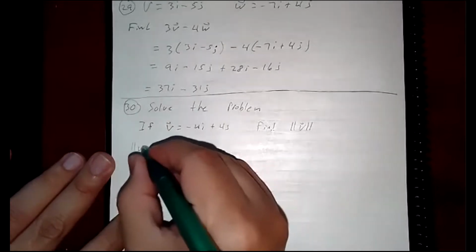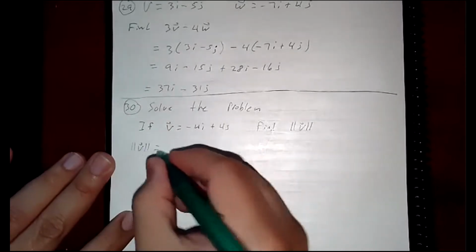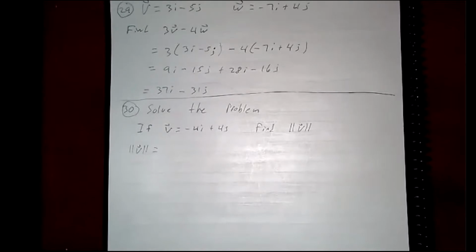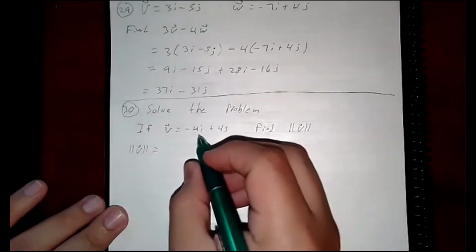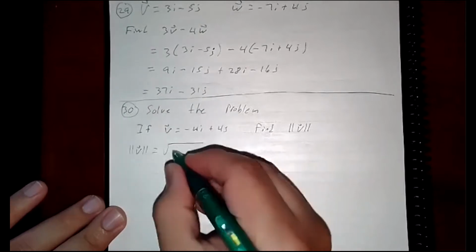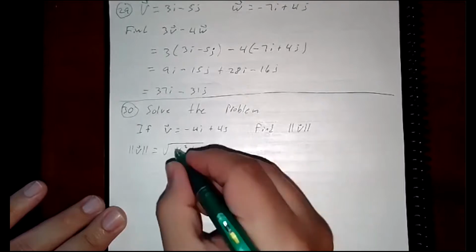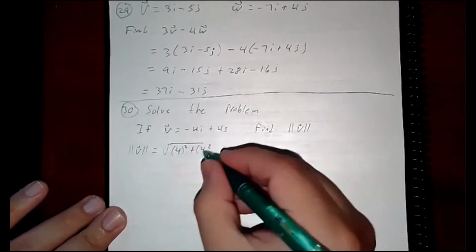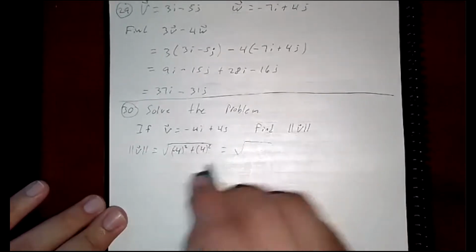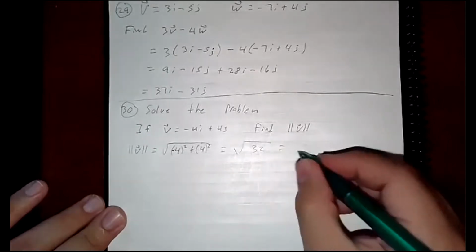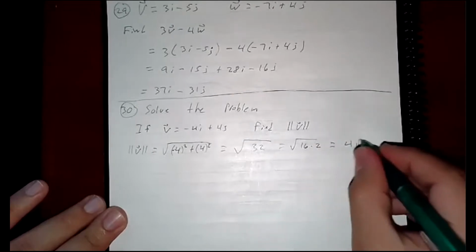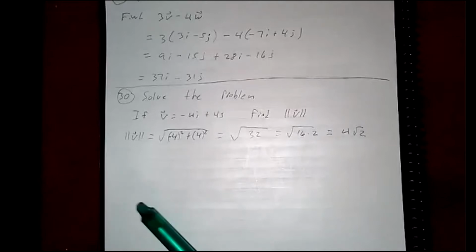And we said that the magnitude of V is just the squared components, square rooted, I believe. So it should be square root of 4 squared plus 4 squared. The negative will make a difference, but we'll put it there. That'll be 16 plus 16 is 32, which is the square root of 16 times 2, which would be 4 root 2, which is answer C.